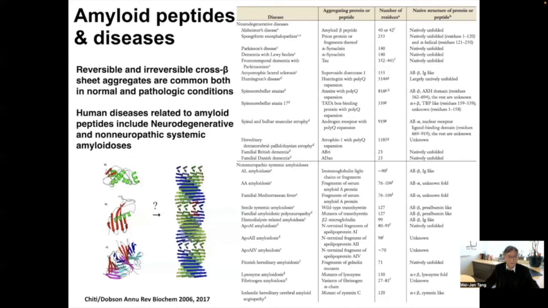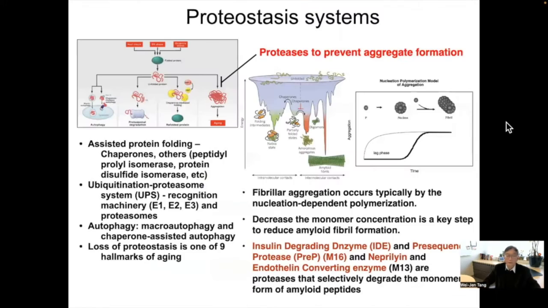This was reviewed by Keaton and Dawson, who highlight very nicely that amyloid peptide can be associated with neurodegenerative diseases as well as non-neuropathic systemic amyloidosis. The diseases are here, along with the peptide involved, the number of residues, and the structural form before it forms the amyloid fibril.